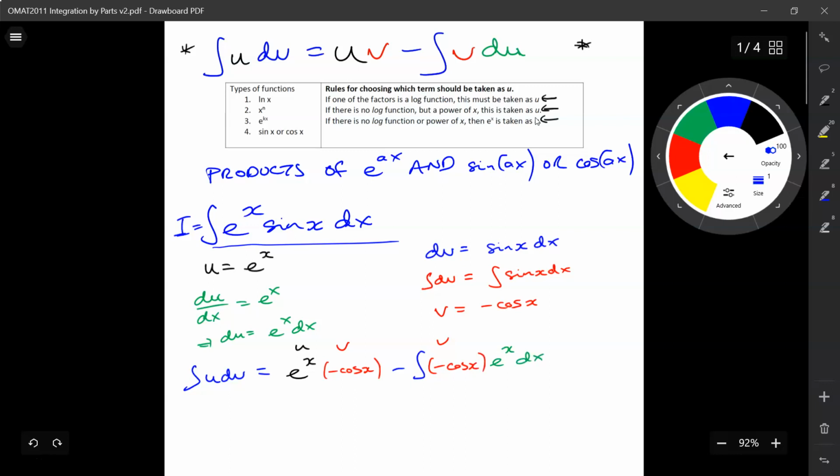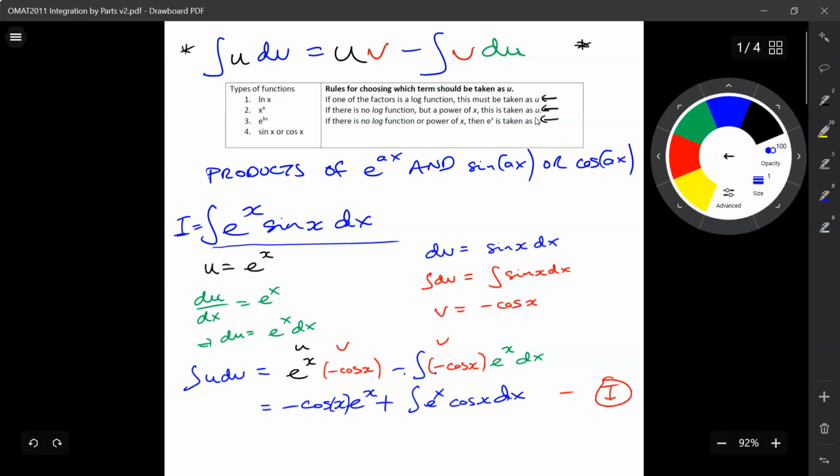If we tidy it up, we can bring the minus sign and the cosine function to the start. So minus cosine x times exponential x, with brackets just to separate there, and we have a minus times a minus, giving me a plus, times the integral of exponential x cosine x dx. I just swap the exponential and the cosine around, and this is equation 1.